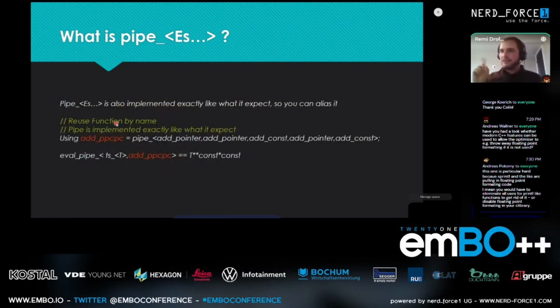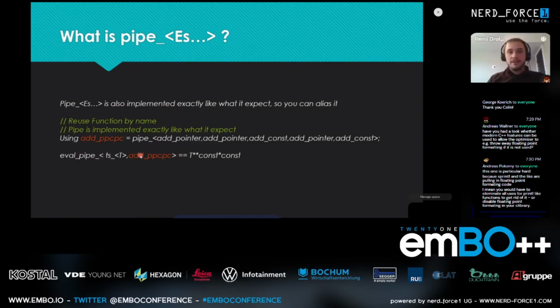Oh yeah, I almost forgot. Pipe is implemented exactly like what it expects. So you can have an alias meta expression of add ppcpc equal to pipe not evaluated, add pointer, add const, pointer const, and then I can evaluate it.